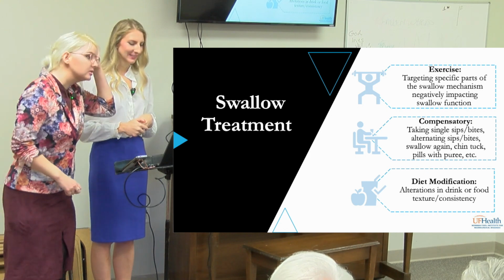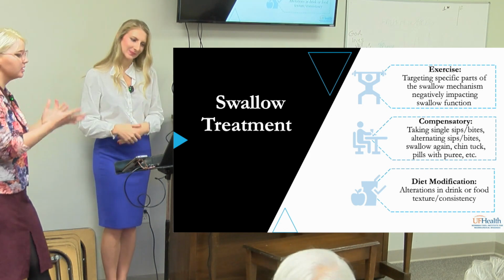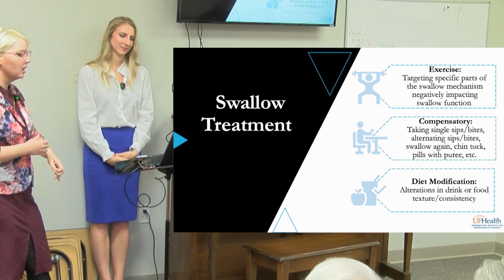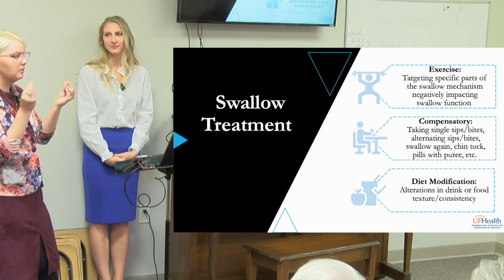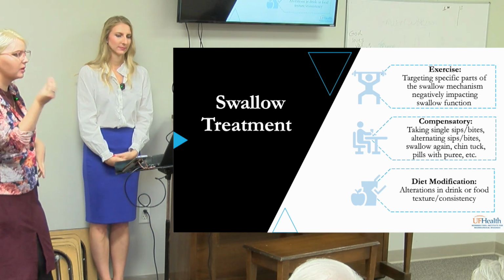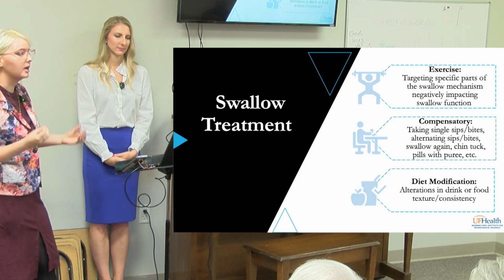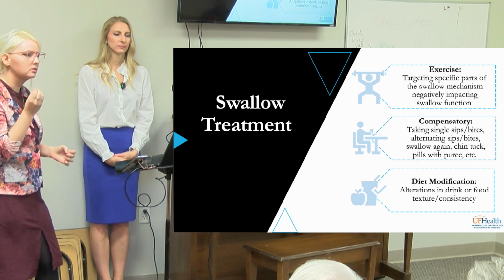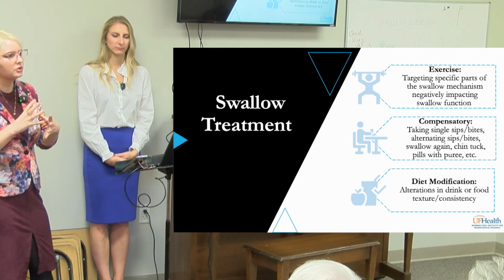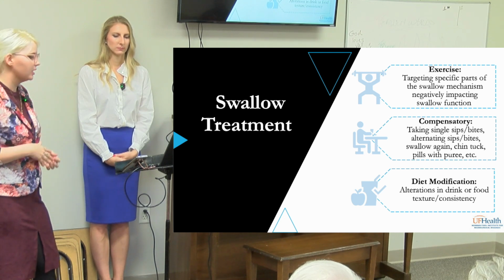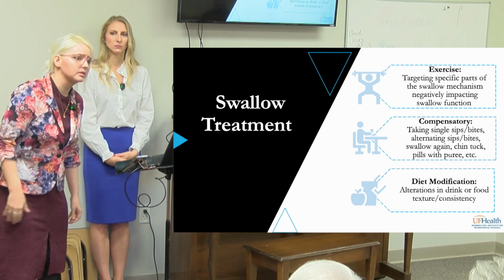So there's different ways we can treat swallow problems if we do find them. There's oftentimes very specific problems with the swallow, and if it works out, then we can train certain muscles in the swallow to be stronger if it's appropriate. We can also do compensatory strategies.